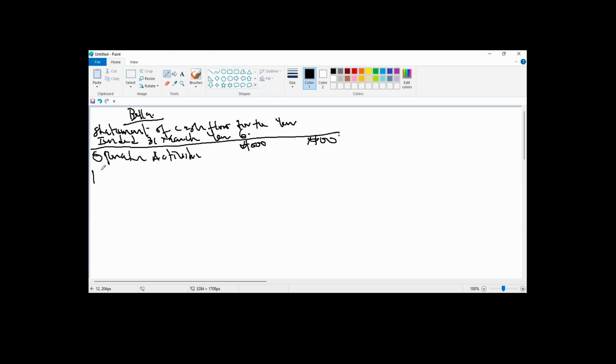Profit before tax, as you are using the indirect method. What is the profit before tax? Go to the question: 4617. Then adjustments.